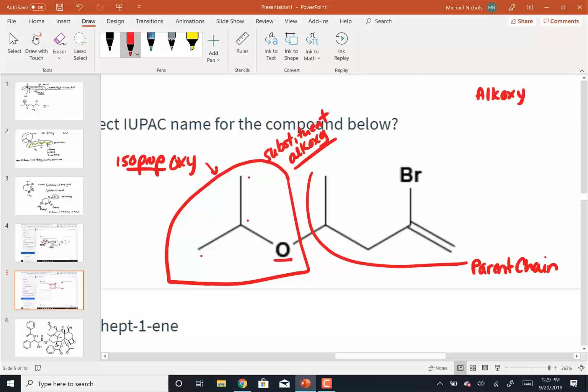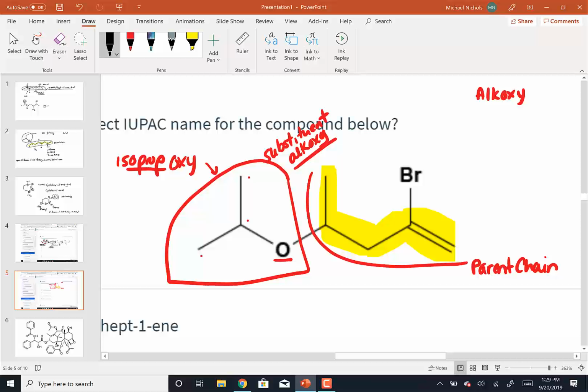Let's see. First rule, find the longest continuous carbon chain that's got the double bond in it. There's the longest continuous carbon chain that has the double bond in it. And how many carbons is that? 4 or 5.